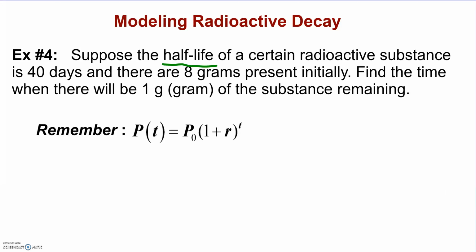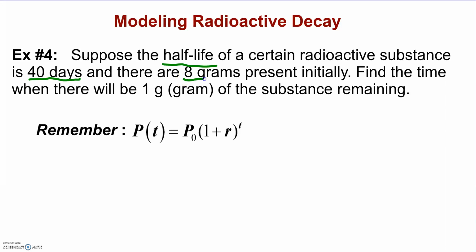And as I'm sure you have learned in science, half-life is the amount of time it takes for half of the substance to decay. So here it says, suppose the half-life of a certain radioactive substance is 40 days. So that means in 40 days, you're only going to have half of what you started out with.